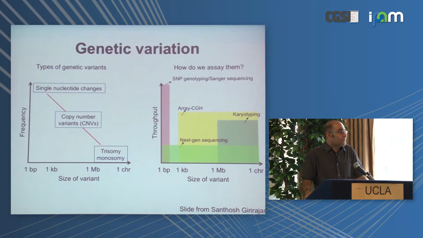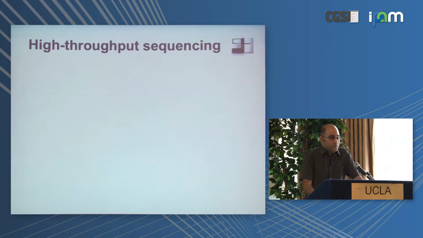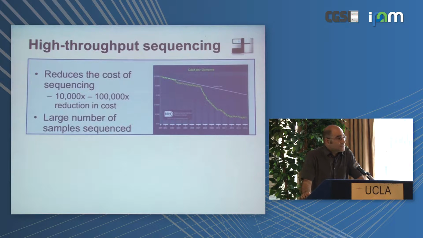So that's the power of next generation sequencing, because it gives us the capability to not only cover every range of variation, but it is also quite high throughput and quite cheap. So we know that with the advent of high-throughput sequencing, genomics has been revolutionized. Now we can sequence a lot of genomes very, very fast and very cheaply.